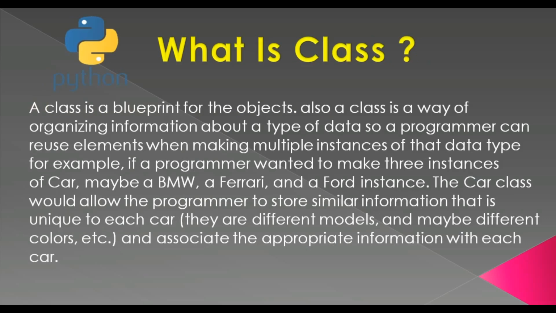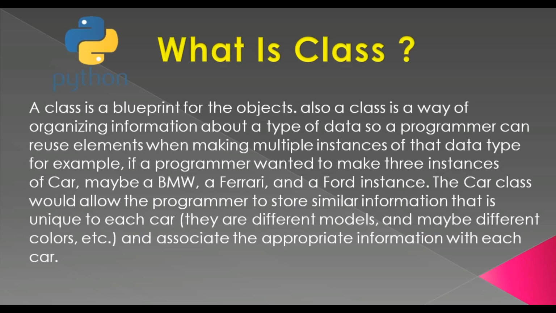Now what is a class? A class is a blueprint for the objects. Also a class is a way of organizing information about a type of data, so a programmer can reuse elements when making multiple instances of that data type.